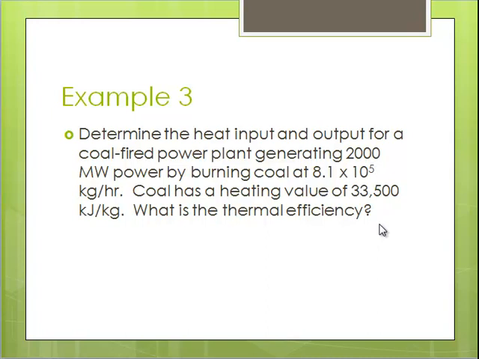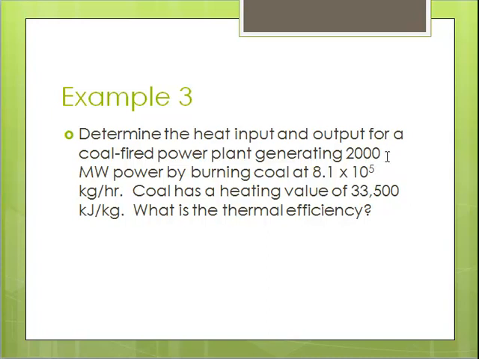So I want net work over heat transfer in. The burning coal is going to be my heat transfer in. I have a mass flow rate for my coal, and I have a specific heat transfer, which is really what this heating value is. The mass flow rate times Q sub H, or little q, is going to be my capital Q. And the net work is 2,000 megawatts.